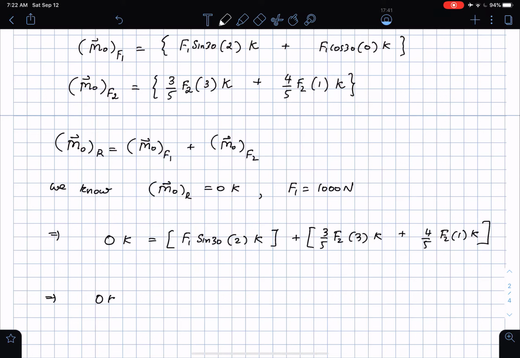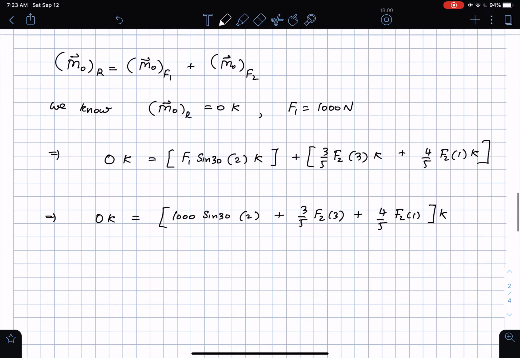So this is going to give me 0K equal to, all of these are in the K direction, so I can just add them up. 1000 times sine 30 times 2, 3/5 times F2 times 3, 4/5 times F2 times 1 in the K direction, which means I can just equate the magnitudes of these two vectors. So 3/5 times F2 times 3 plus 4/5 times F2 times 1 is equal to minus 1000 sine 30 times 2. I just brought the minus 1000 sine 30 times 2 to the other side.